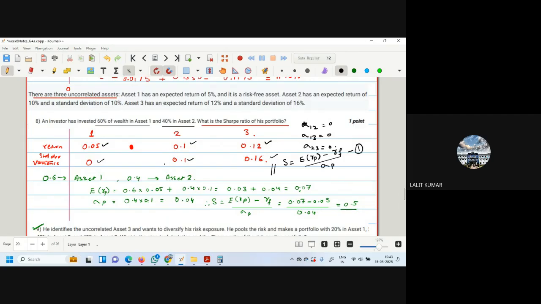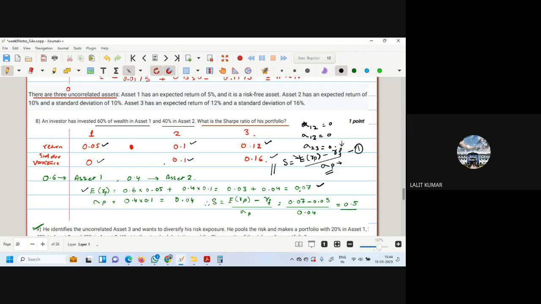This is one important formula you have to remember. So what we have to calculate? RF is given. We first calculate the expected return, then the sigma P of this, and then we calculate. So expected RP will become 0.6 into 0.05 because he is investing in asset 1, plus 0.4 into 0.1. So this comes to 0.07.